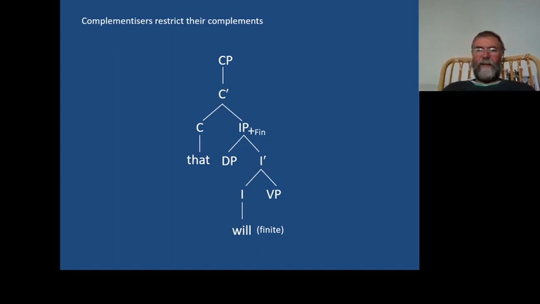A finite inflection will give you a finite IP, and the complementizer that seems to want a finite IP as its complement. On the other hand, for has to have a non-finite complement headed by a non-finite inflection.